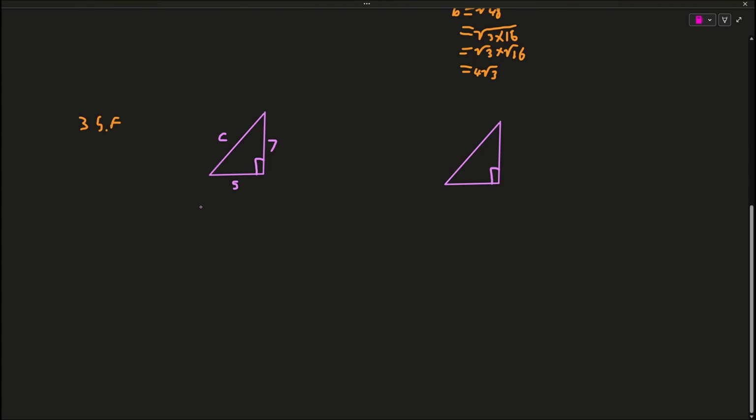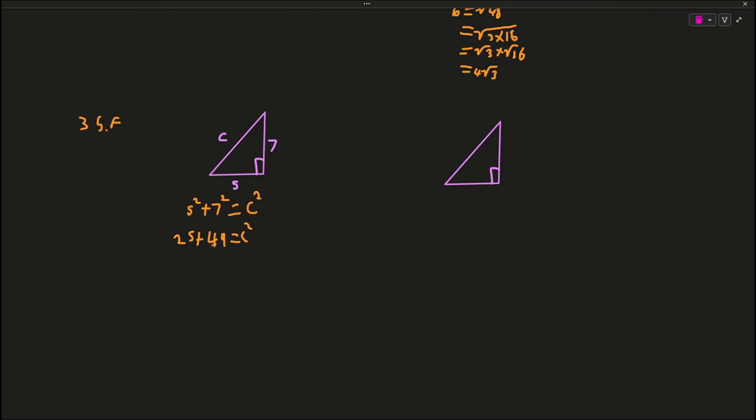So 5 squared plus 7 squared is equal to c squared. That's 25 plus 49 is equal to c squared.